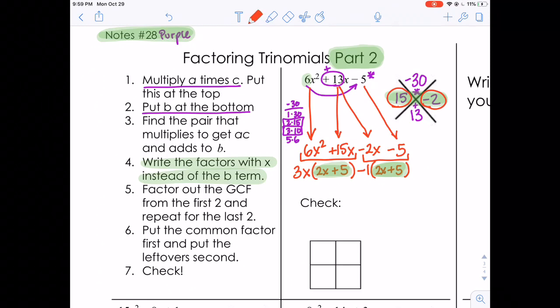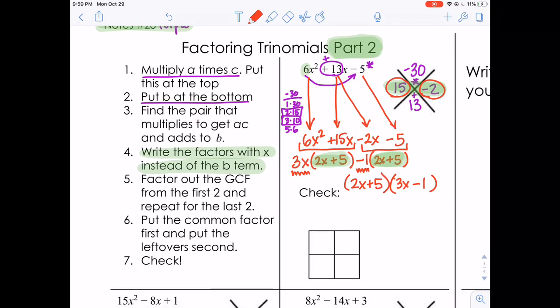That's going to become my first factor, 2x plus 5. From there, I can write the leftovers, 3x minus 1. Okay, so that's how I can get it into my factored form this time.